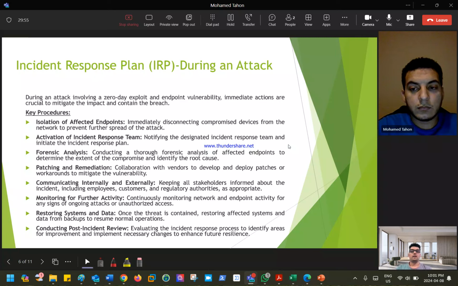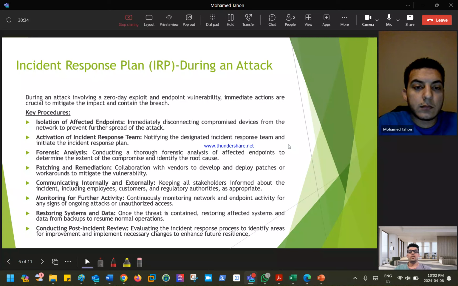Isolation of affected endpoints means we have to immediately disconnect the devices that are already breached or compromised to prevent the threat from spreading. We also have to inform the incident response team to take action immediately and mitigate this vulnerability. Also, we have to perform a forensic analysis to deeply understand how this attack happened and where it came from, and we have to find the root cause.